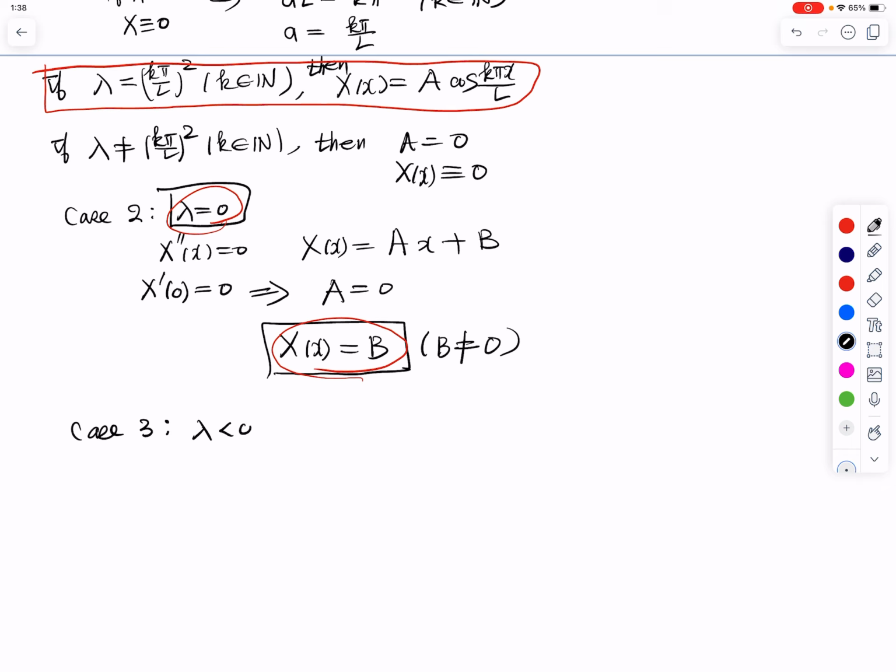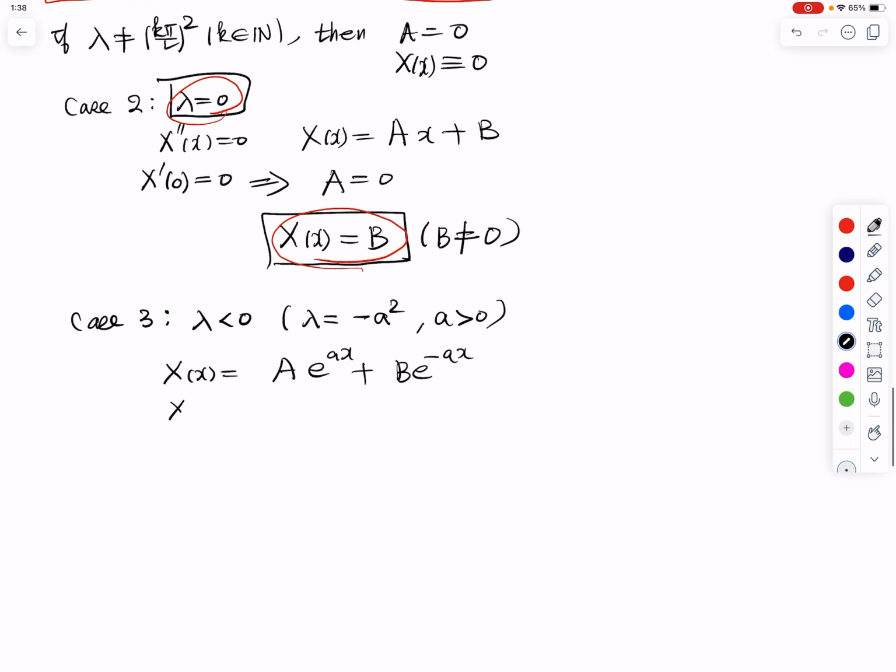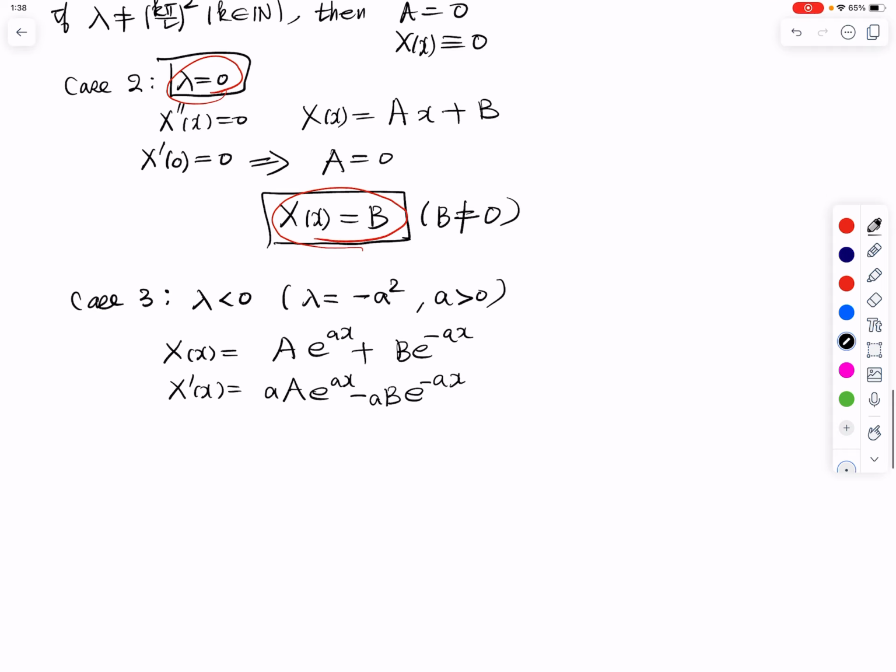Lambda equals the negative case. Again, lambda equals minus a squared, where a is positive. Then our solution is a e to the ax plus b times e to the minus ax. Taking the derivative, a times a e to the ax minus b times a e to the minus ax. Again, x prime 0 equals 0 and x prime L equals 0.